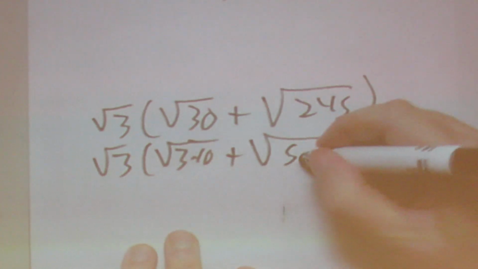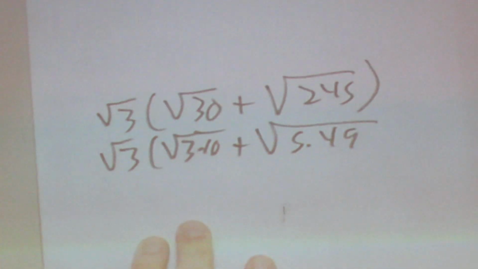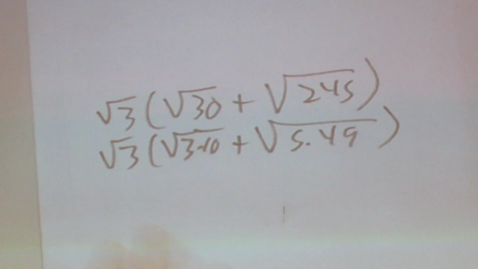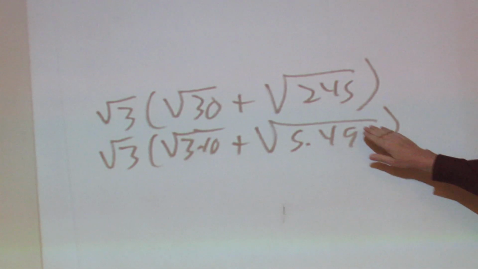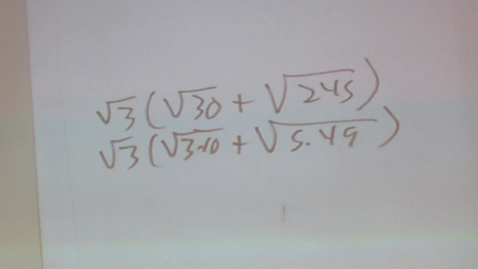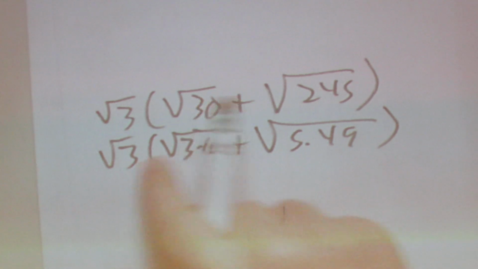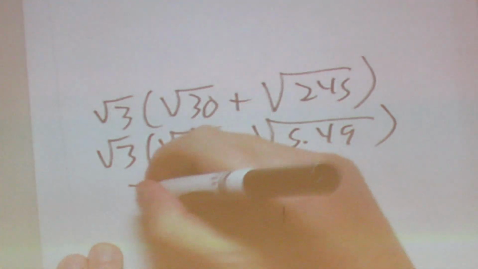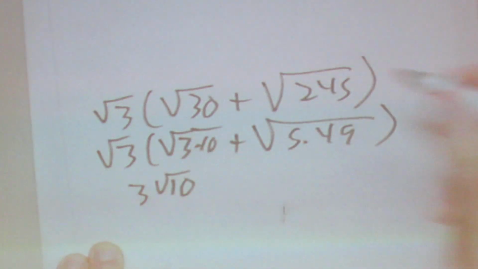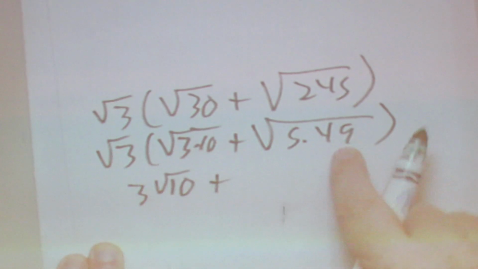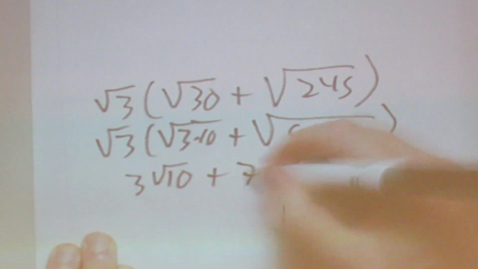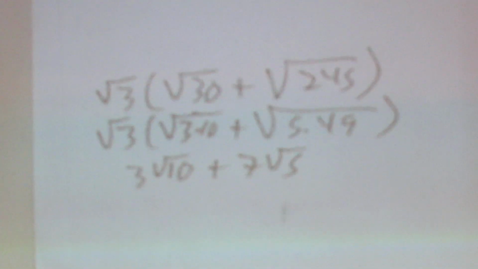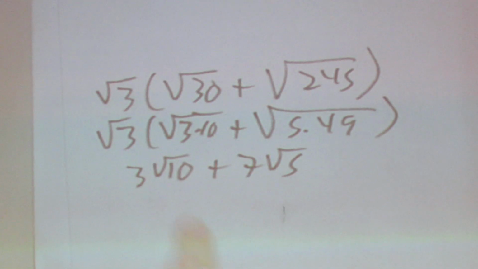So I'm going to change this to be 5 times 49. If you get a number that's big like this, look for some perfect square that will go into it. There should be one there. So square root of 3 times square root of 3 is 3 square root of 10. And plus, we can take the square root of 49, which is 7. We're left with square root of 5. And that's as far as we go on here, because 10 and 5 are not the same as each other.